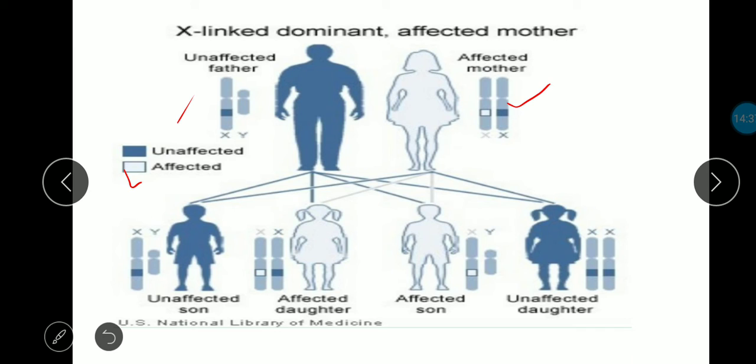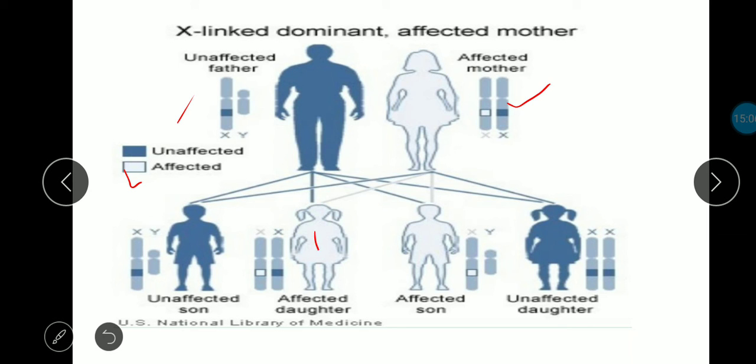This is the X-linked dominant gene which is present in the female genotype. It is transferred to the next generation, and the progeny shows 50% unaffected sons and daughters and 50% affected sons and daughters.